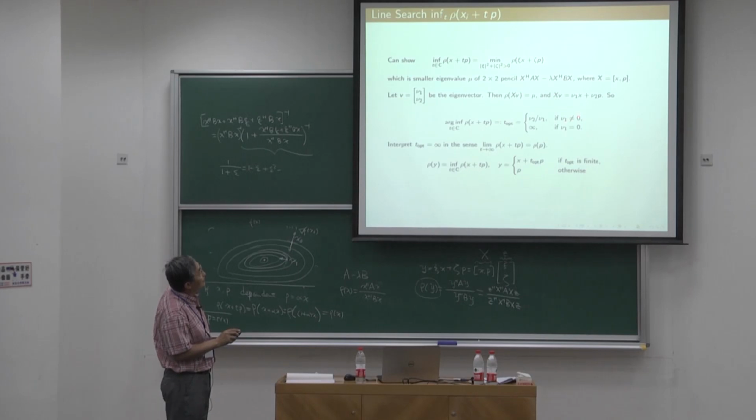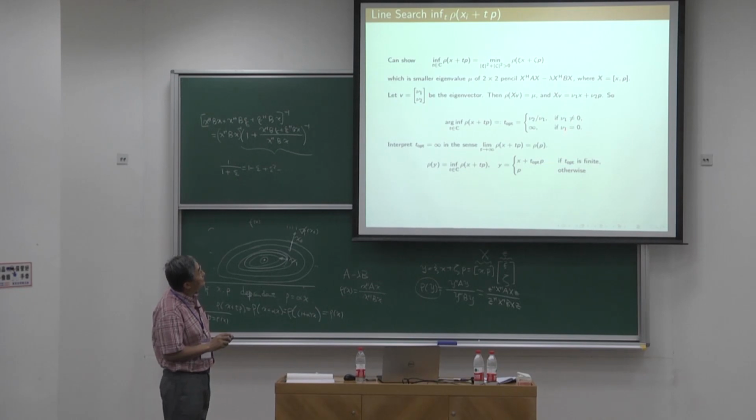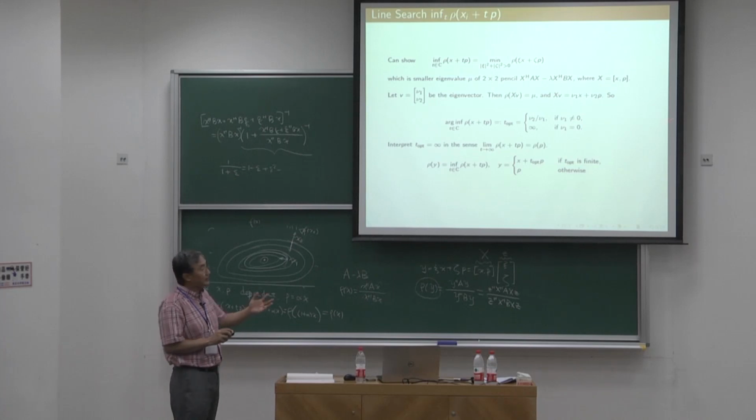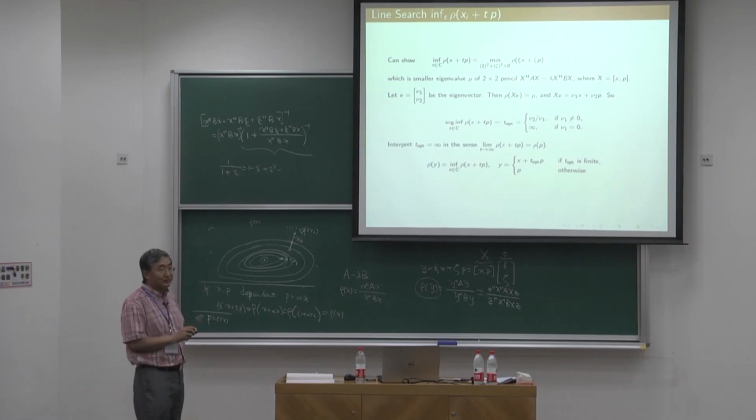If nu1 is not zero, you can take nu1 out, becoming nu1 times x plus nu2 over nu1 p. So there you got the optimal argument t. Or if nu1 equals 0, what does that mean? That the best vector is p, which means t is equal to infinity. All right, so in a way you can solve this line search like this.